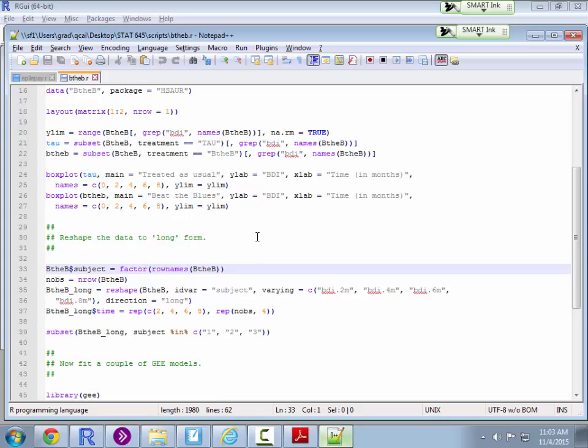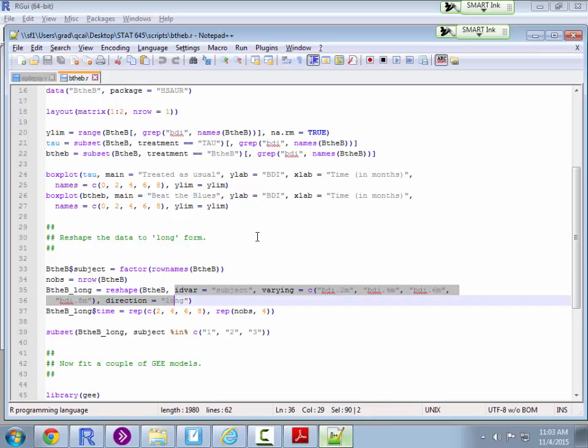So let's create a new version that's reformatted, and I'm going to use the reshape function to do that. So reshape allows you to go from long to wide or from wide to long. We want to go from wide to long. So reshape the Beat the Blues data, and the direction I would like you to go is long.